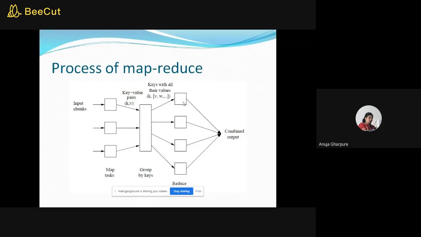If this hash key value 345 matches with the memory location, or maybe the actual key of the map task, then that key will be given to the reduce task. Are you getting this point?